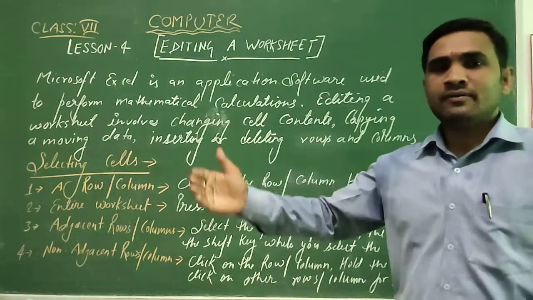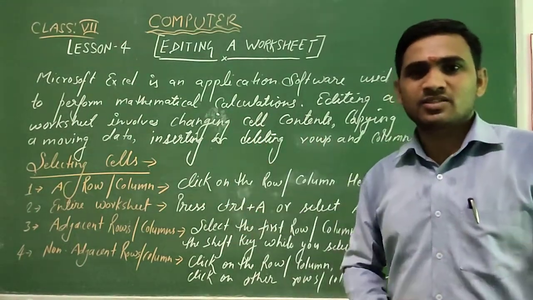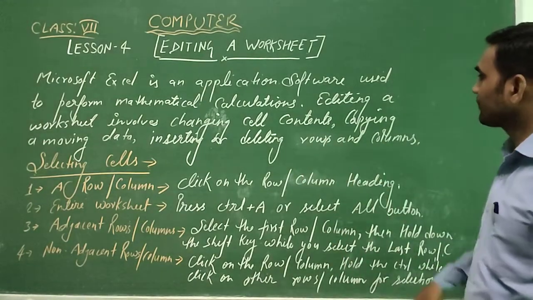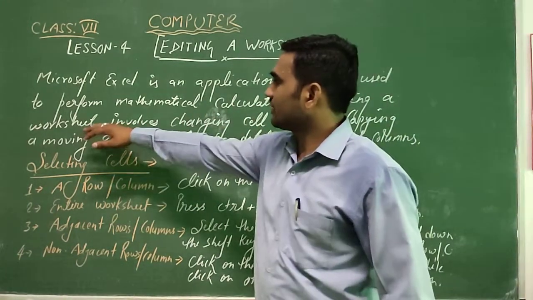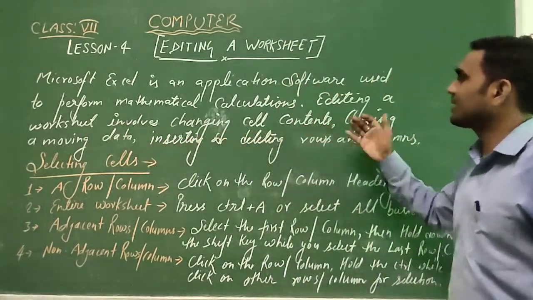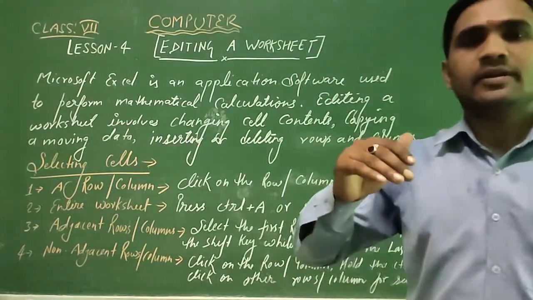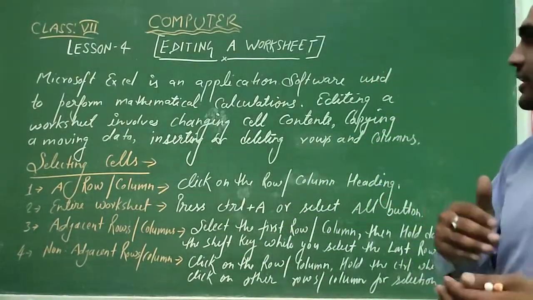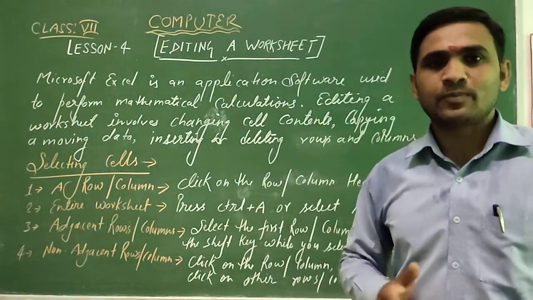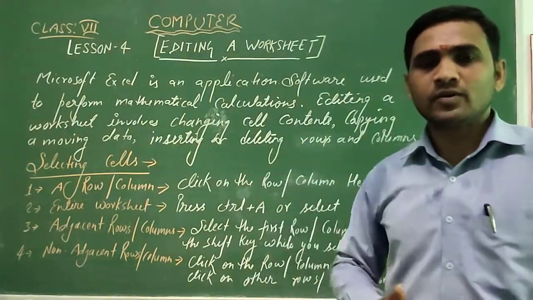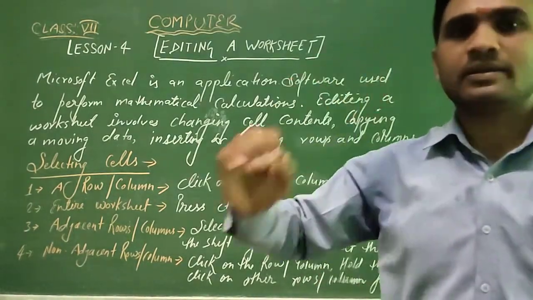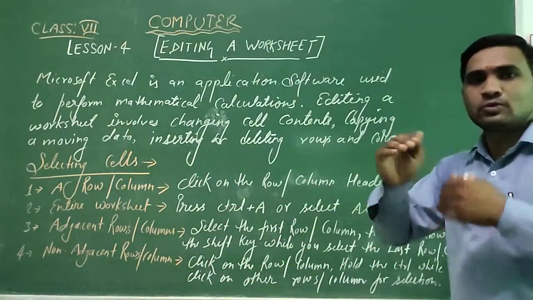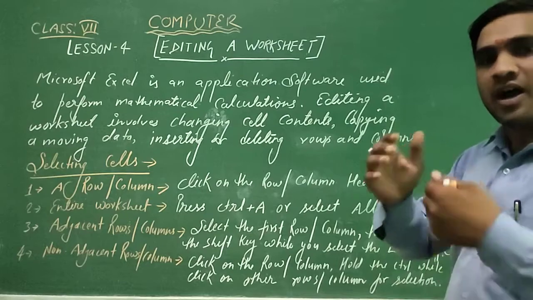The different operations we perform in this chapter and in a worksheet, like editing in a worksheet involves changing cell contents, right? So in a worksheet, how will we change the cell content? Suppose we have put some data in an Excel sheet, and after that we want to change that value, how will we do it?